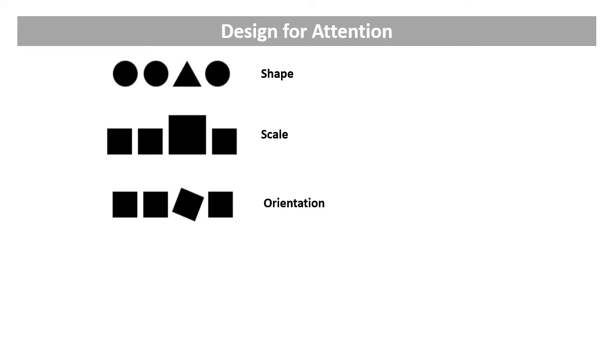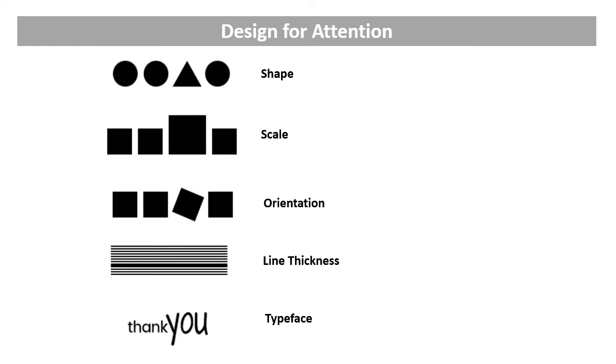Orientation also, a distorted or disoriented figure would stand out from other properly oriented figures. And also change in the line thickness, and also different typefaces like this can make this portion stand out from the rest. So these are the other attributes to create contrast apart from color.